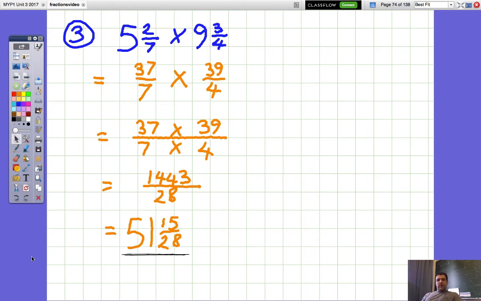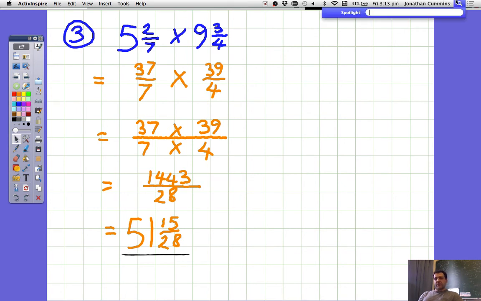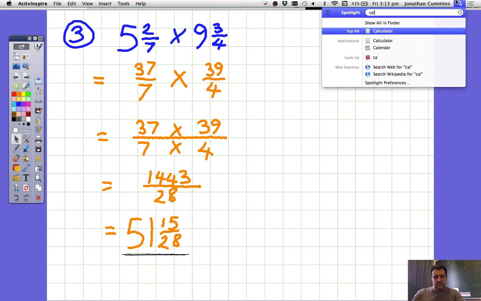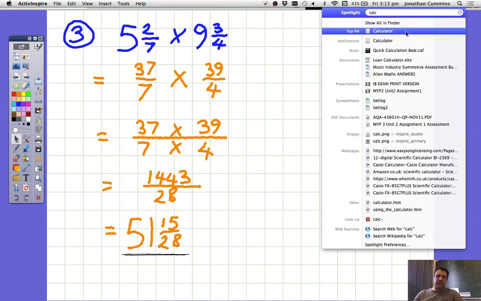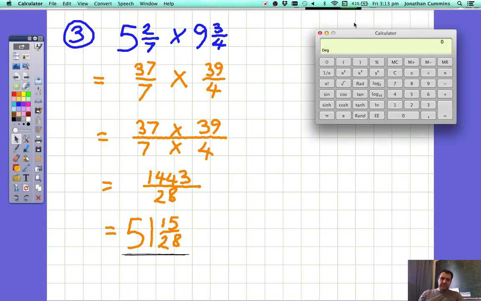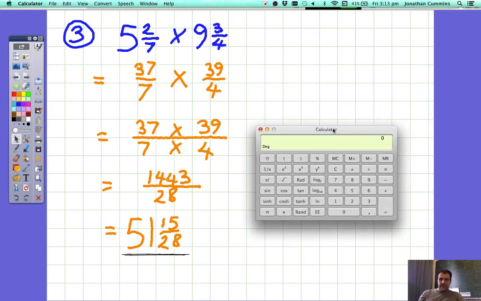Now, you might be wondering, how on earth do I know that 28 goes into 1,443 51 times? So what you can do, to cheat a little bit, it's not cheating, but it's how to figure this out. 1,443 divided by 28 gives me 51 point something.